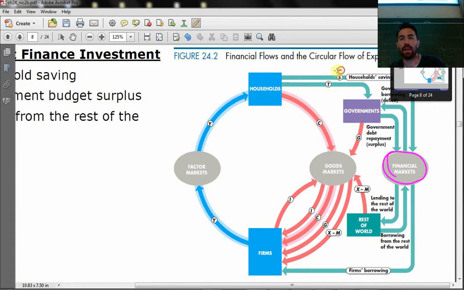Households lend money, called savings, through financial markets to firms. Firms are the borrowers. And what do they do with this money? They invest. So savings goes through financial markets, becomes borrowings, firms borrow and they invest.